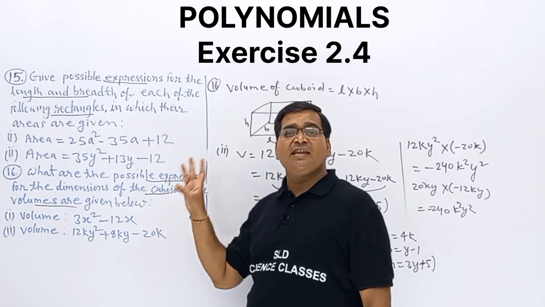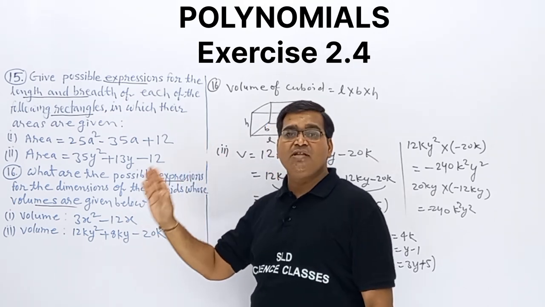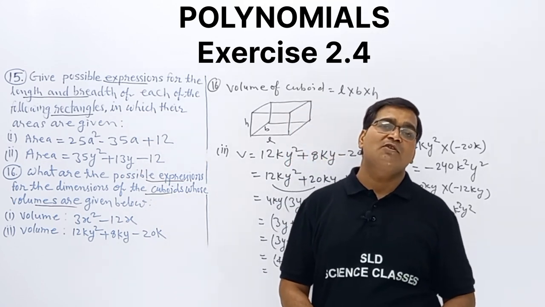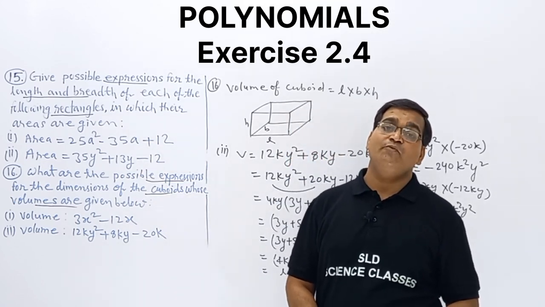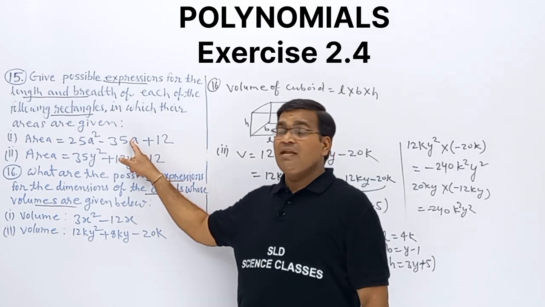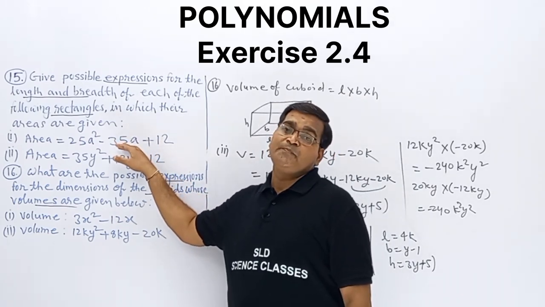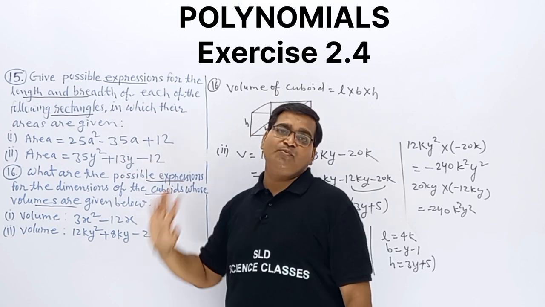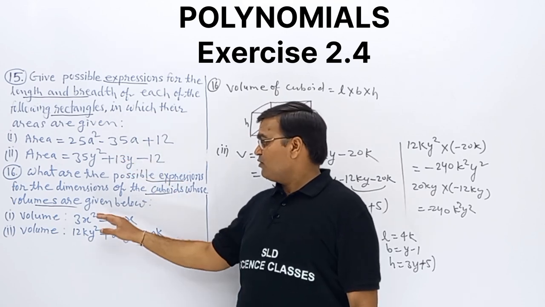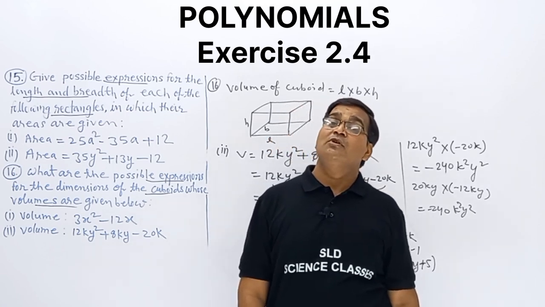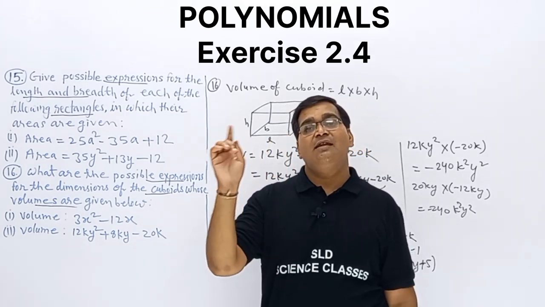So in the volume we have three dimensions, length, breadth and height, but in the area we have two dimensions. So the expressions for length and breadth will be the factors of these area expressions. Clear? And the factors of these volume expressions will show length, breadth and height.